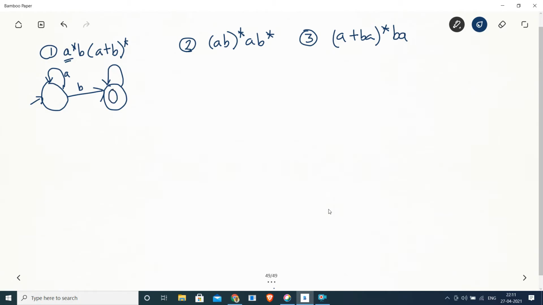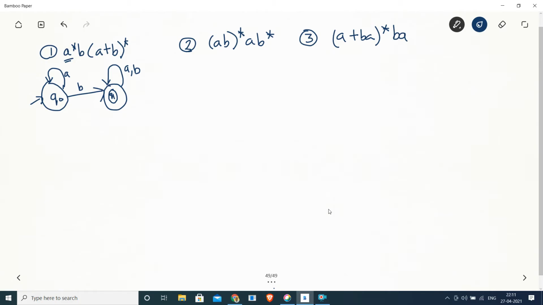And on this loop, what is written? A plus b. So a plus b means a or b, which can be directly written as a comma b. Now we can give names to these states: q0, q1. Now let's check it again: a star b, (a plus b) whole star.